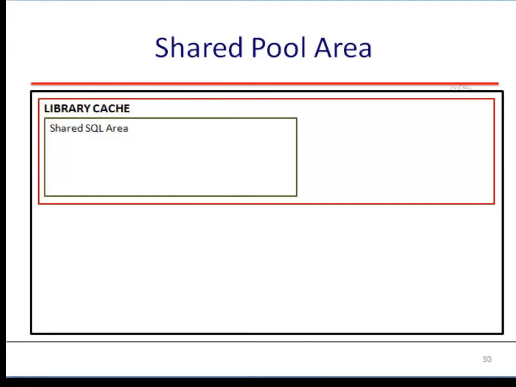Now, shared SQL area stores all the parsed statements with the corresponding execution plans. Please note that an execution plan is the set of steps that Oracle is using to fetch the data from the database.